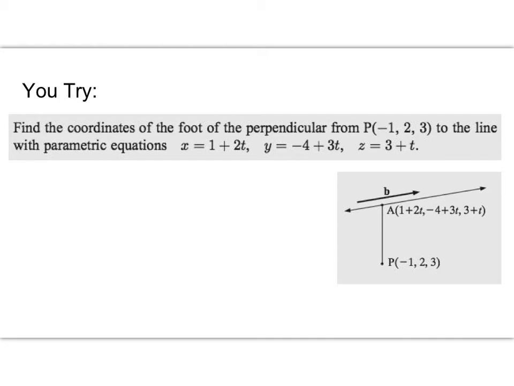But the example that was supposed to be next for you to try was the coordinates of the foot of the perpendicular from point -1, 2, 3 to the line with parametric equations x equals 1 plus 2t, y equals -4 plus 3t, and z equals 3 plus t. I want you to give that a shot, and then turn this off. When you're done, start it back up and check your answer.